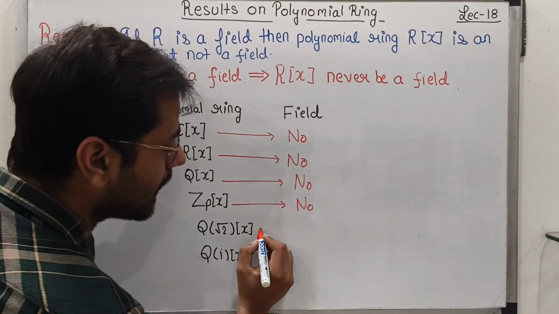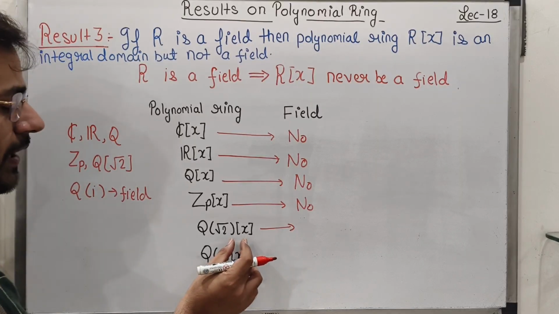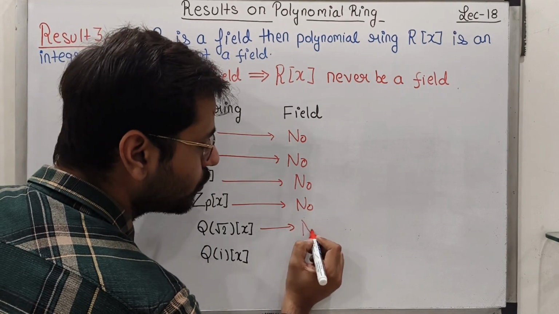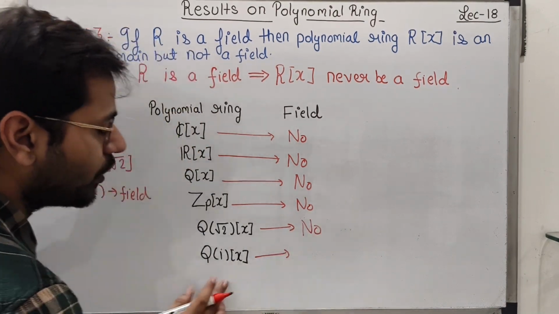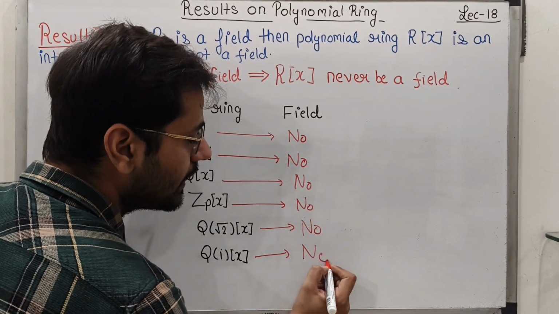A similar case applies here also, where Q(root 2)[x], a polynomial ring over Q(root 2), is not a field. Similarly, the polynomial ring defined over Q(i) is not a field.